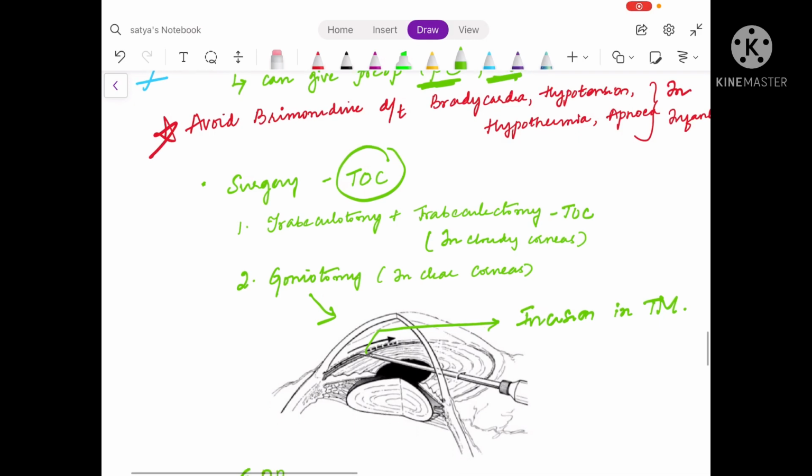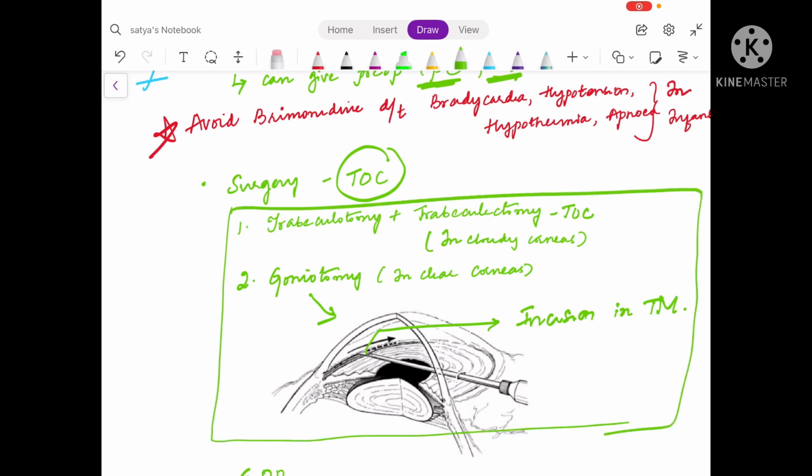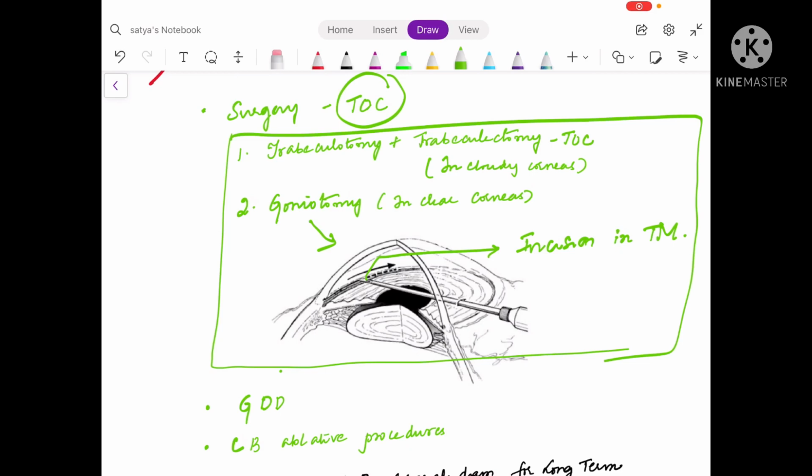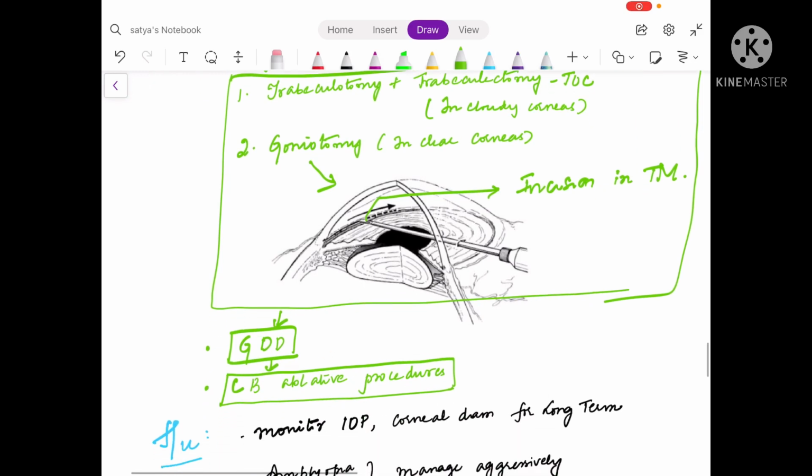Okay. Now, what if both the surgeries fail? If the surgical options fail, we go for glaucoma drainage devices or tube shunt implants, and even if they fail, we will go for ciliary body ablative procedures or cyclodestructive procedures to relieve the symptoms.